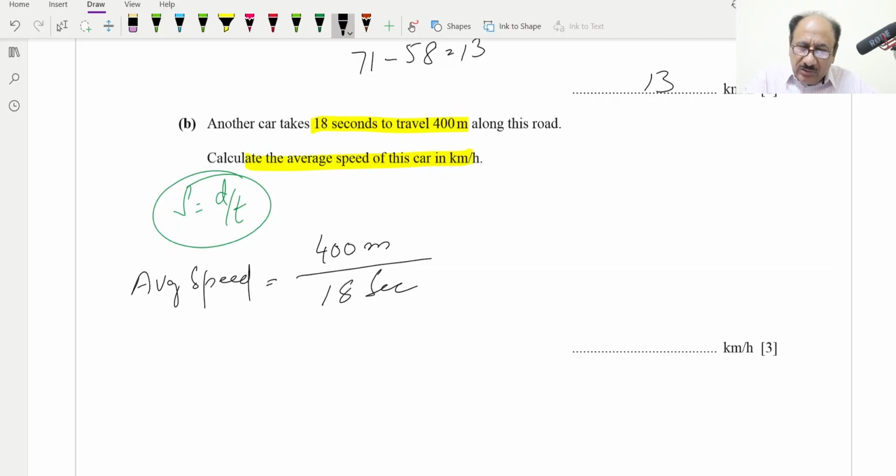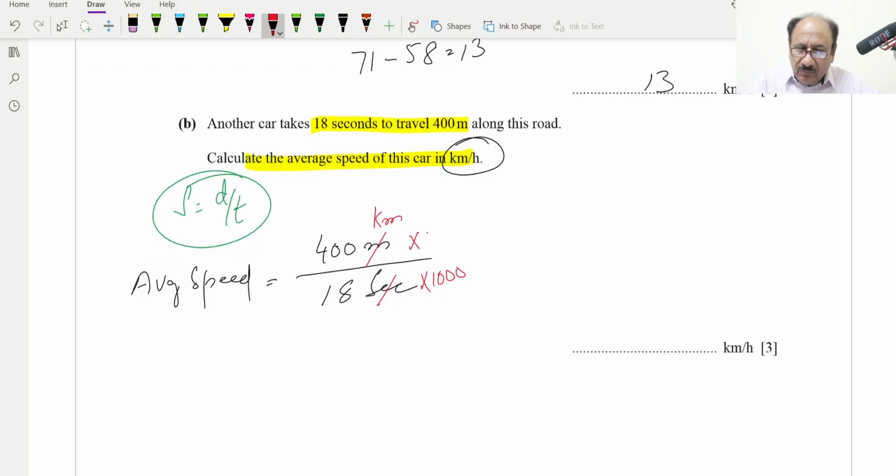Now we need the answer in kilometers per hour, so we have to change meters into kilometers. To change meters into kilometers, we divide by 1000, and now this is kilometers. For seconds, we ultimately have to convert into hours, but first seconds into minutes.